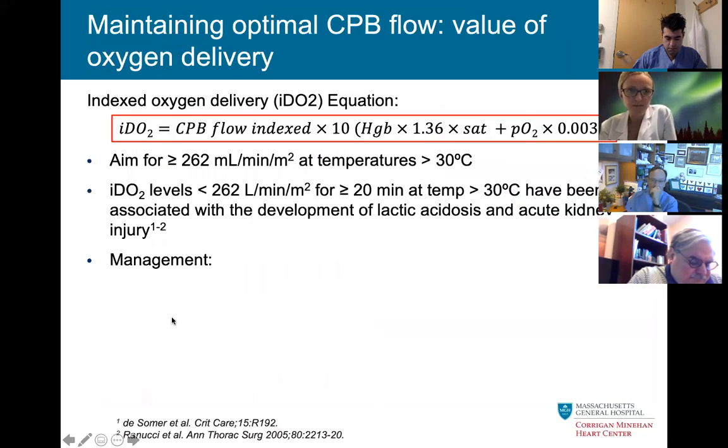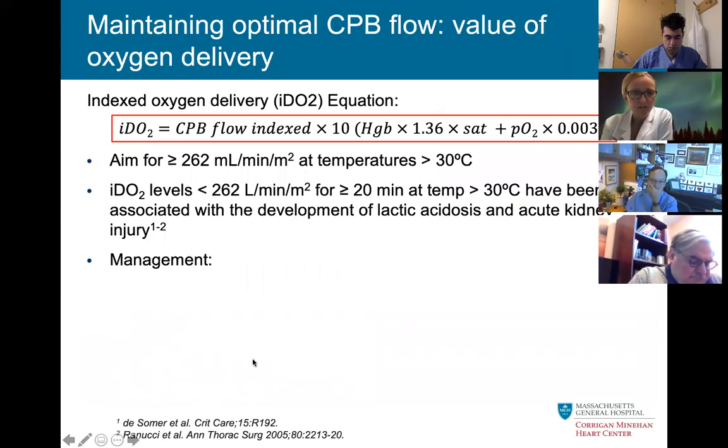Next, I wanted to touch on the value of oxygen delivery in maintaining optimal flows. We want to aim for a 262 milliliters per minute per meter square indexed oxygen delivery, which the equation is shown here.